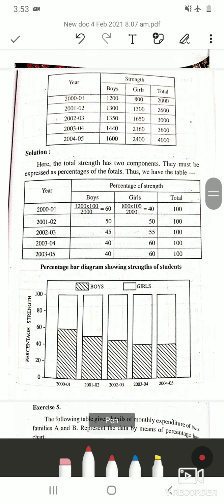Once you get this percentage strength, along the x-axis we are showing years, from 2000 to 2001 till 2004 to 2005, and along the y-axis it is percentage strength. And don't forget to write the title here: the percentage bar diagram showing strength of students.